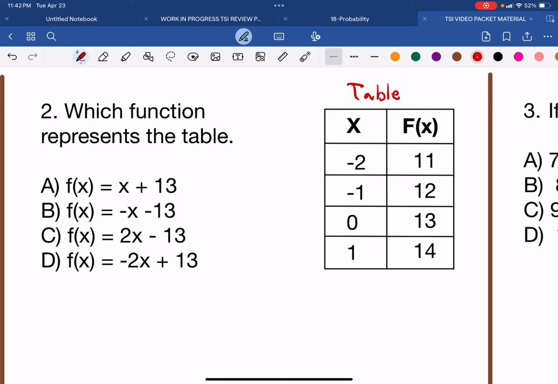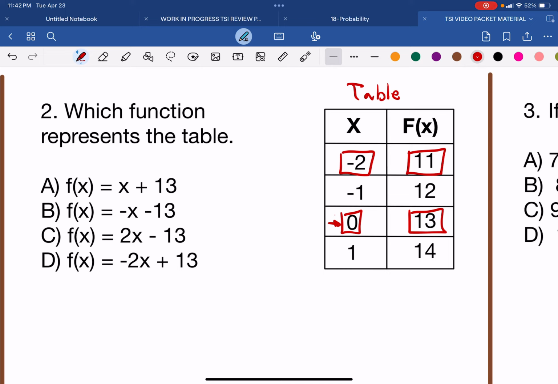So I'm going to replace x with this, and y with this. The easiest points to test are usually when there's a 0. So I'm going to test this point first, 0, 13.